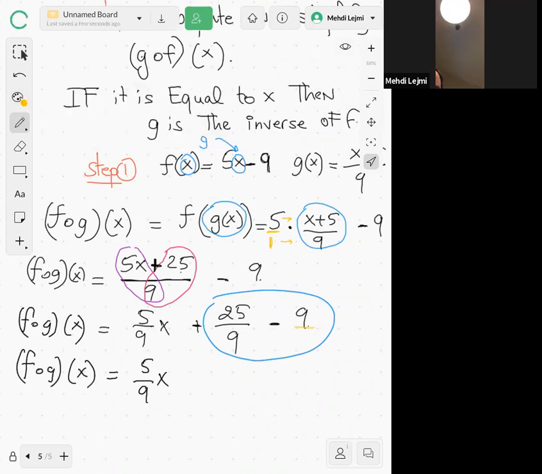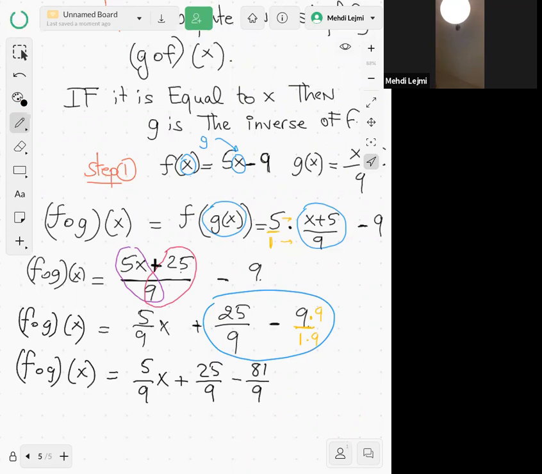I can make 9 a fraction, 9 over 1, so the common denominator would be 9. We multiply by 9, so it's plus 25 over 9, minus 9 times 9, that's 81 over 9.